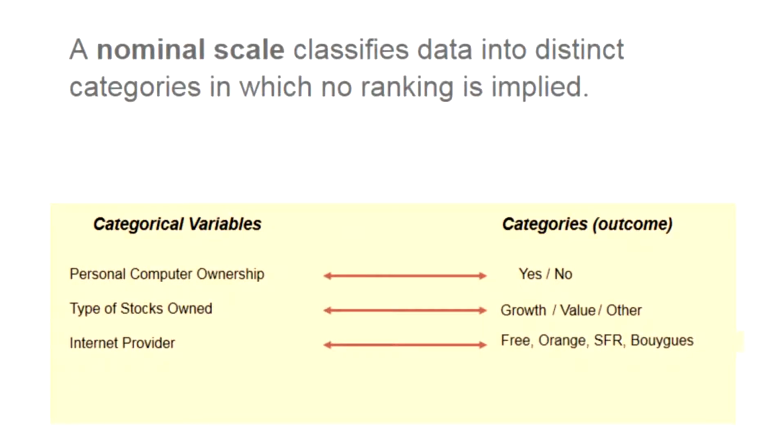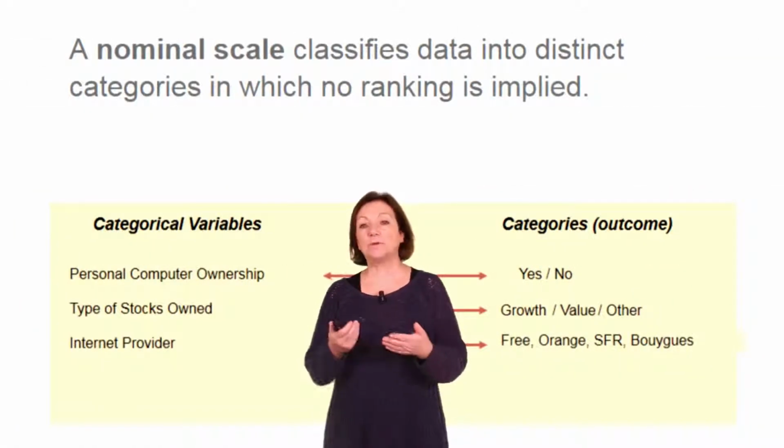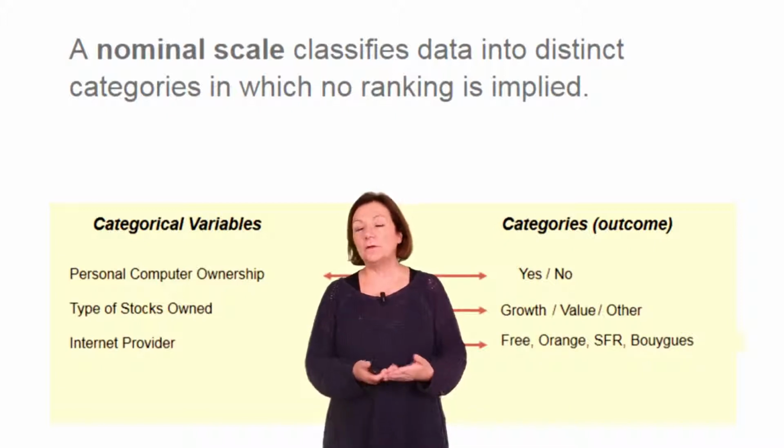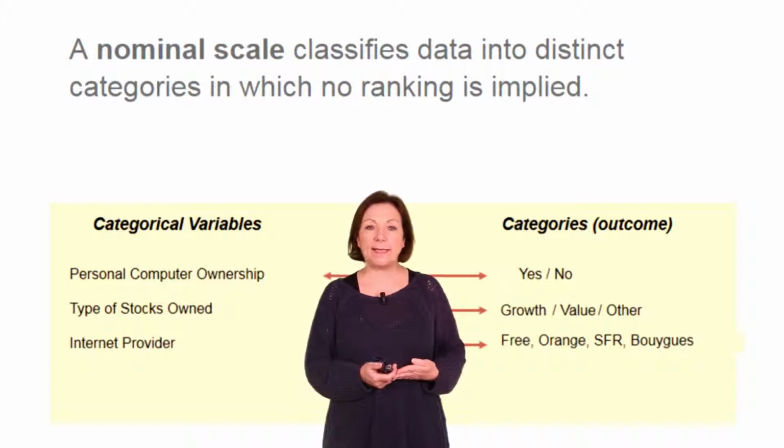So if we take, for instance, the ownership of a personal computer, the question will be, do you own a personal computer? You will have two categories, which are yes and no. Now, we cannot imply that yes is better or bigger or smaller than no. This is what we mean by no ranking implied.